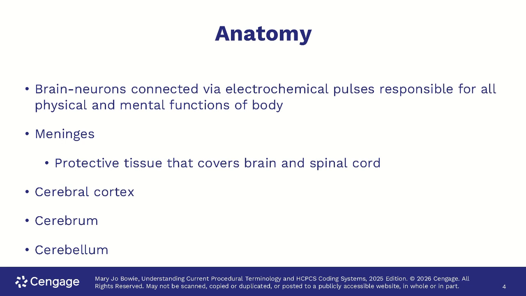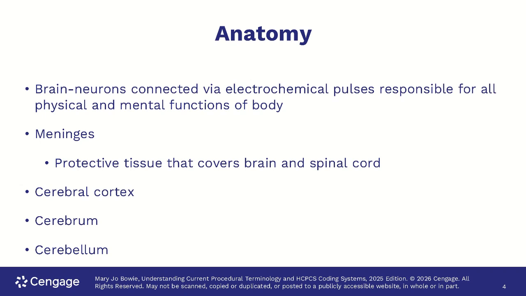All right, some additional anatomy to be aware of: the brain. The brain has more than 1 billion neurons that are connected by means of electrochemical pulses and is responsible for all physical and mental functions of the body. The protective tissue that covers the brain and the spinal cord is called the meninges.